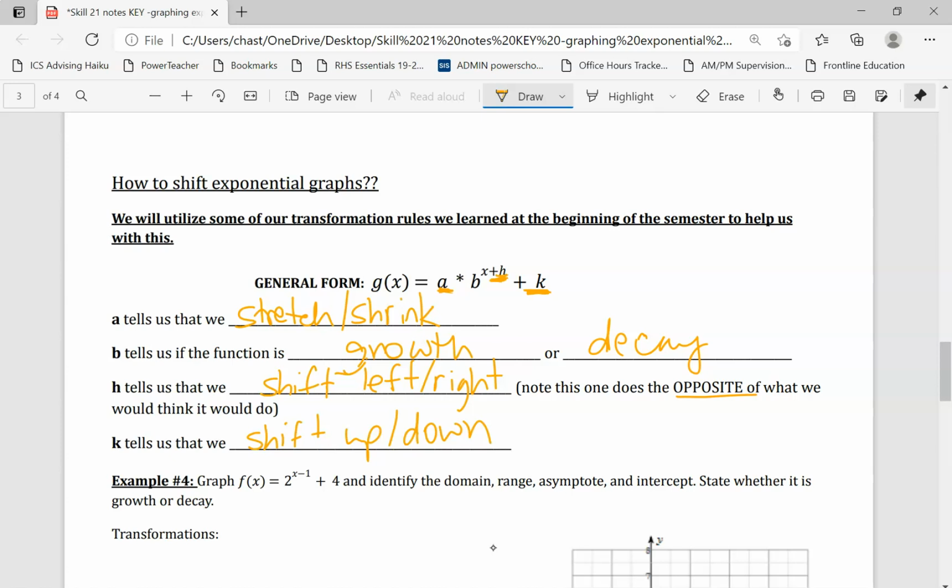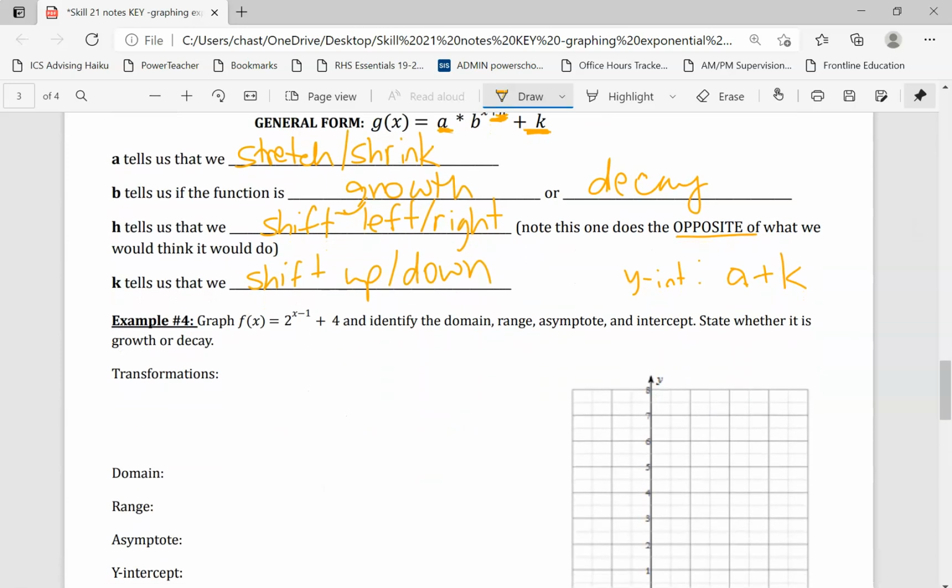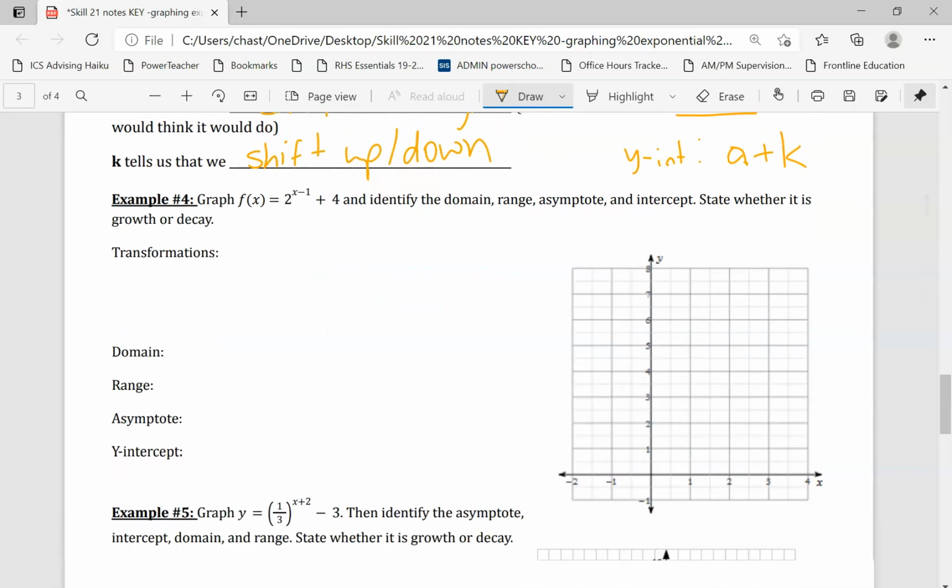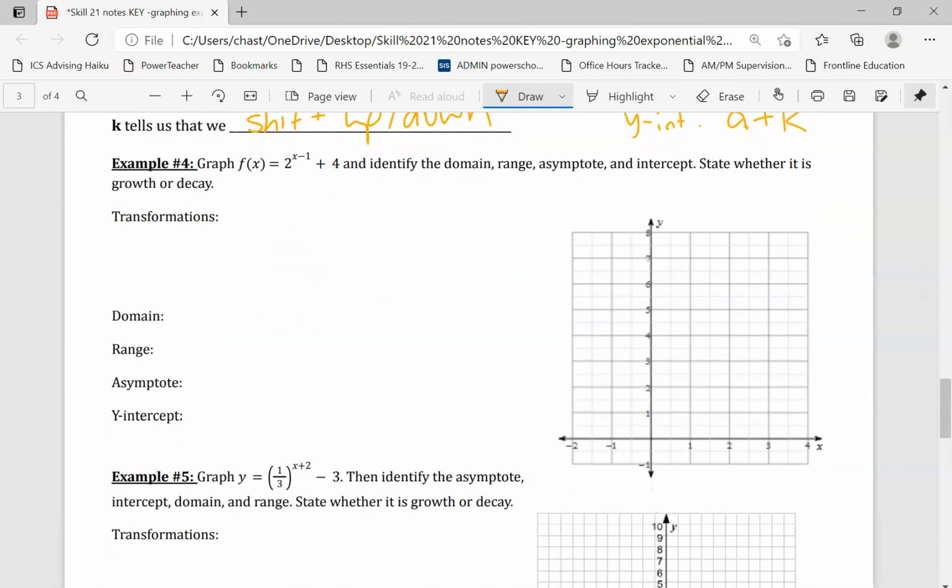So if my a value was 2, but then I shifted the graph up 3, well, my y-intercept would go from 2 to 5, okay? So we'll keep that in mind when we're looking at these, okay? All right, so knowing those transformation rules, we are going to practice now.